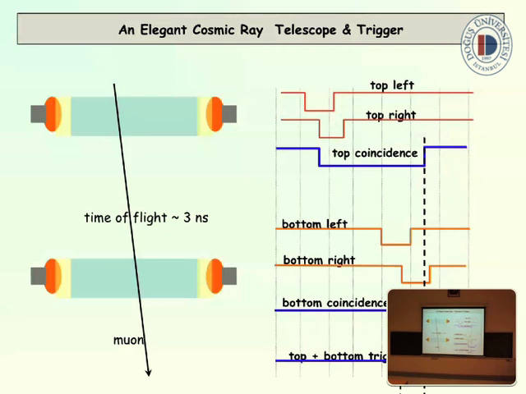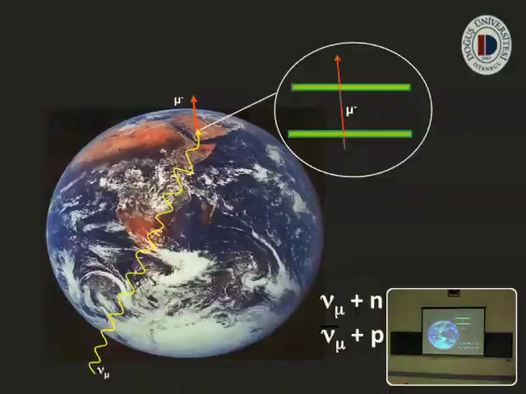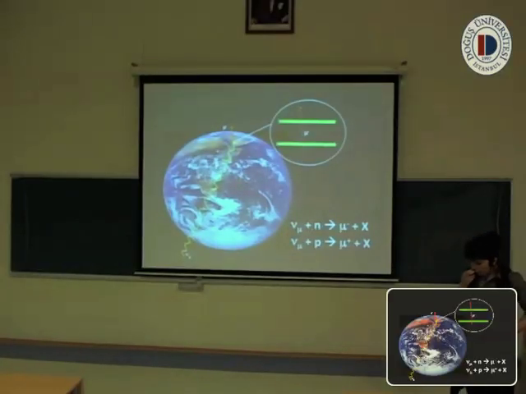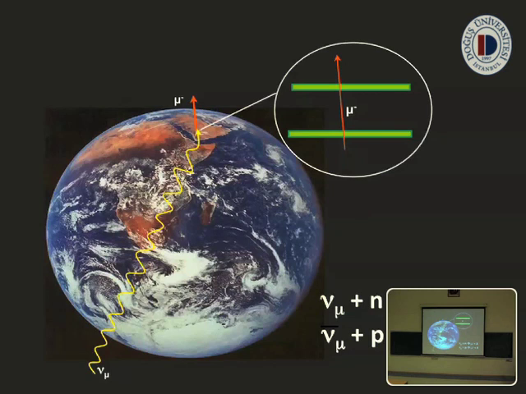So let me show you another example where we use this principle. This is an experiment where we try to see neutrinos. We have cosmic muons from this direction, and cosmic muons from the opposite direction.